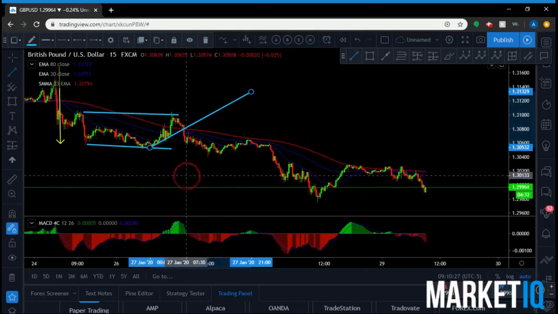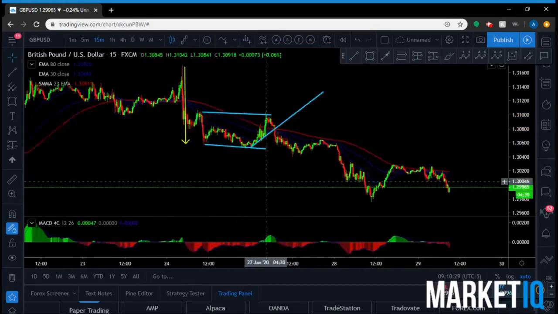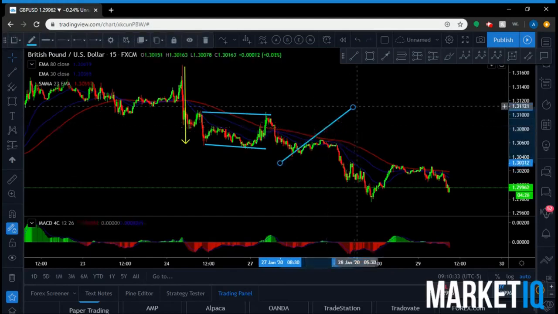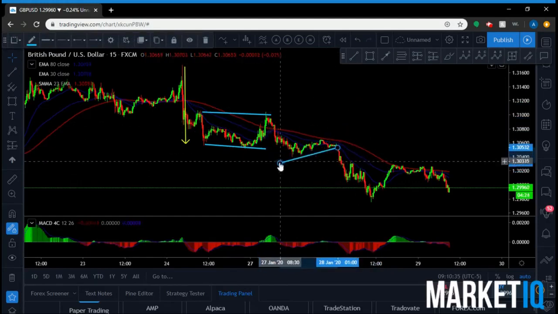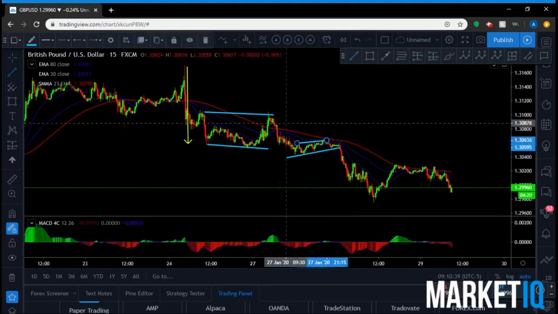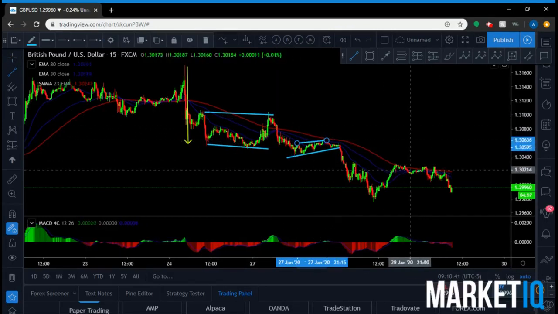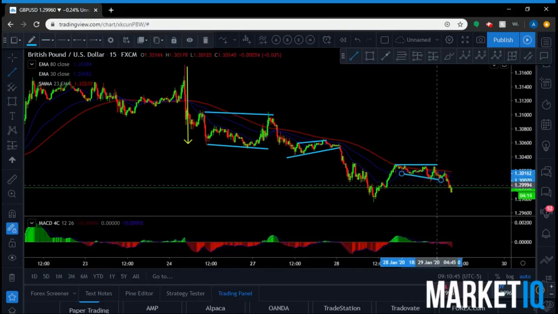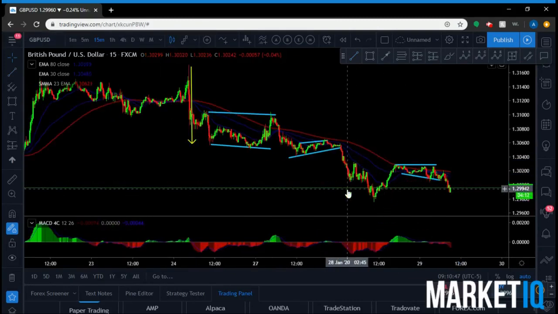So, another thing that we can do is, if you notice, every time a correction ends, right here, in this area, it's happening right now.